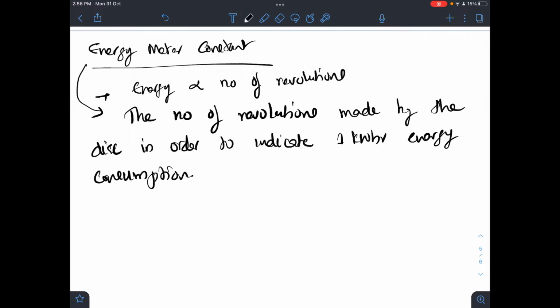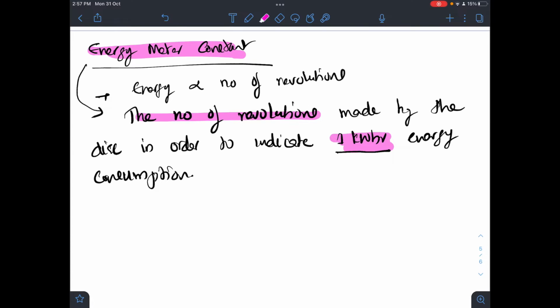In electrical engineering we normally say whenever 1 kilowatt hour is used, it is equivalent to 1 unit of energy. So the energy meter constant is the number of revolutions made by the disk in order to indicate 1 kilowatt hour energy consumption. Okay, so that's about the energy meter constant.